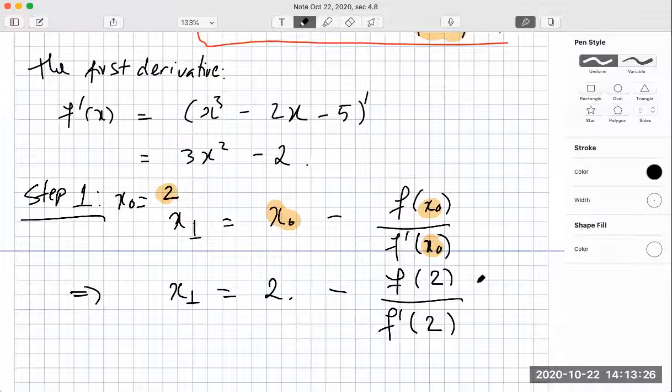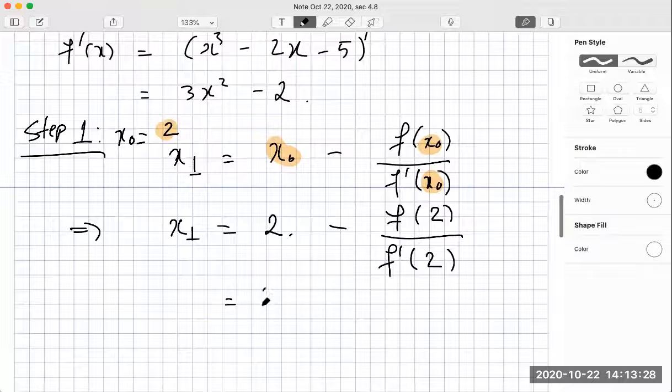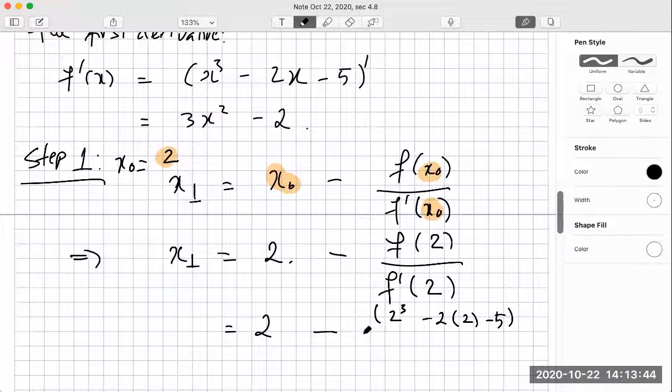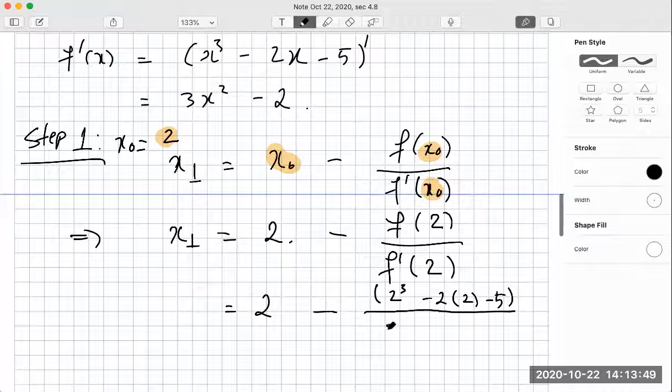Now it's easy, just numbers. f of 2 will be 2 cubed minus 2 times 2 minus 5, divided by f prime of 2. Yes, very good. So then there are numbers. You can use calculator to do it, okay?